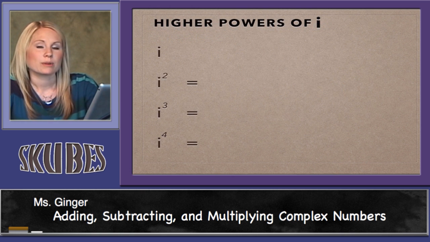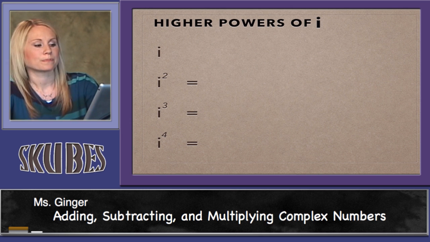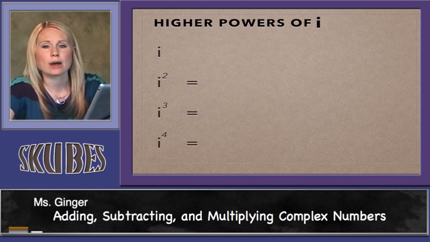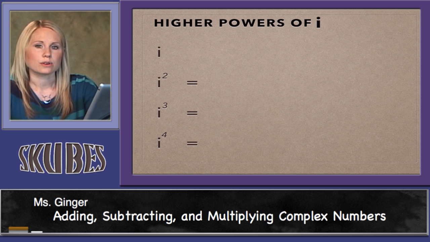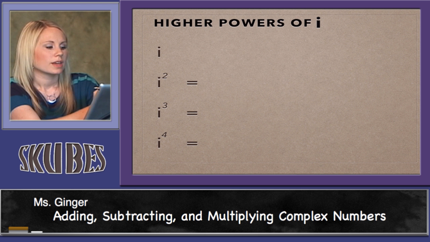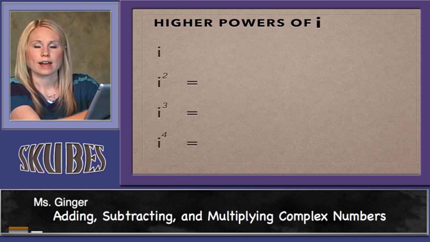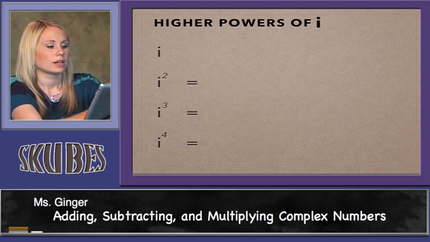All right, one thing that we do need to talk about when talking about complex numbers is that imaginary part. You're going to come across higher powers of i in these problems, and the i cycle is really neat because it only cycles through 4 values and then it's going to start over.